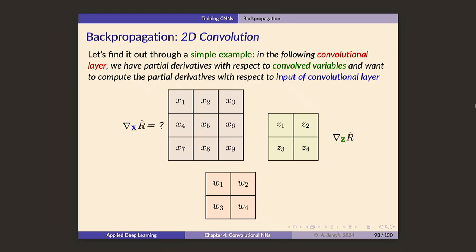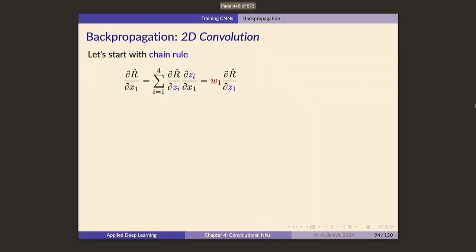And I keep on going till z4, correct? So this is going to be the chain rule. Now, let's do it. This is the chain rule that I wrote here: the partial derivative of r hat with respect to every single z in the output map, and then the partial derivative of that z in the output map with respect to x1.